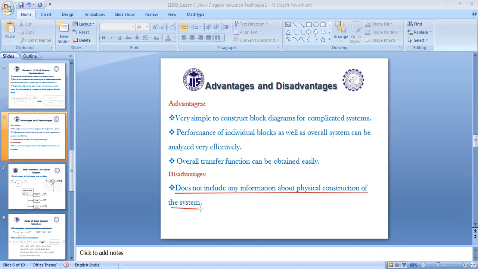Now, by just observing the transfer function, one will not be able to understand whether it is the transfer function of a motor, a generator or a sensor. So physical construction cannot be obtained from the block diagram algebra. Block diagram algebra does not give us any information about the physical construction of the system.